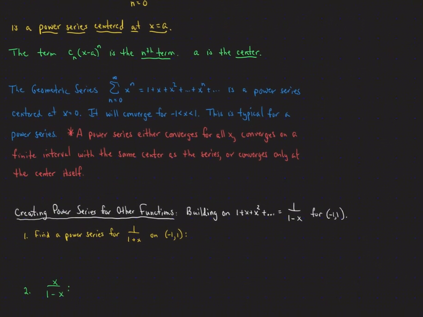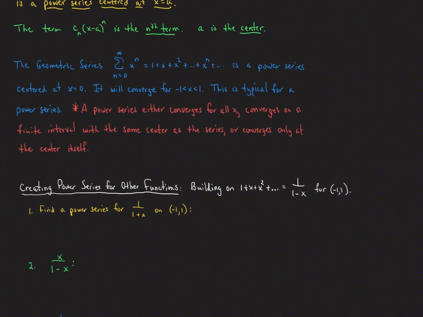Okay, so those are power series because they have powers of x. Our original geometric series here, we're going to use as a building block. That series is centered at x equals 0, and it's going to converge between negative 1 and 1. So this idea that this interval of convergence is typical.